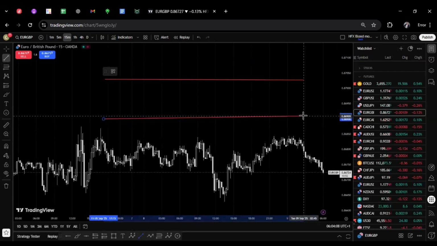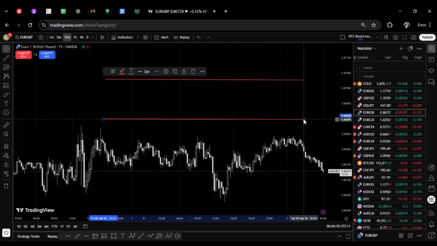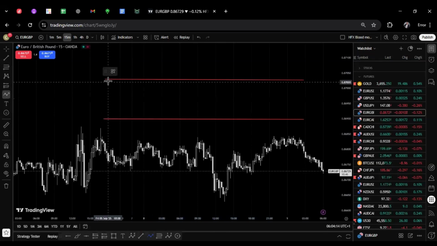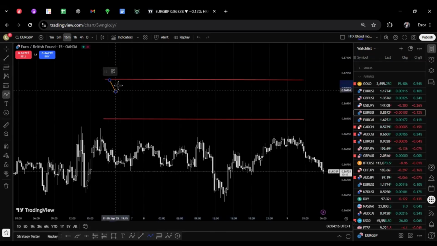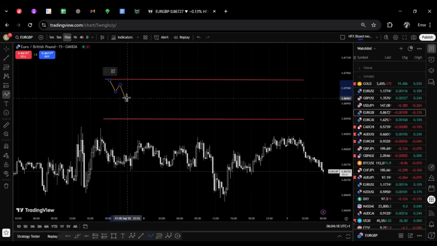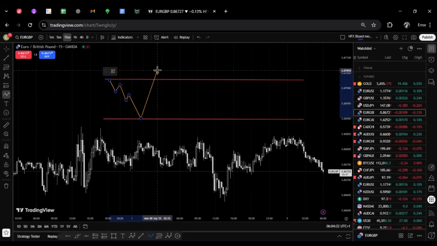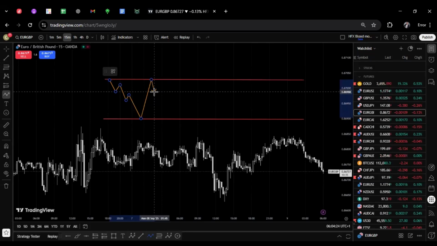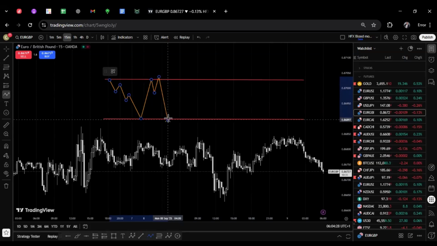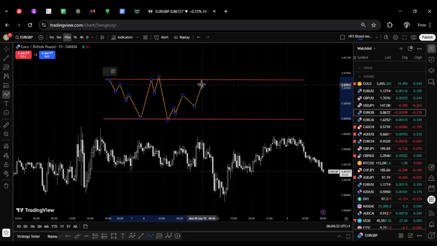You have a particular zone, and the market keeps playing around that zone. Sometimes it can go just a little, you can see crazy moves, but you can tell that whatever it's doing is not breaking any particular zone.